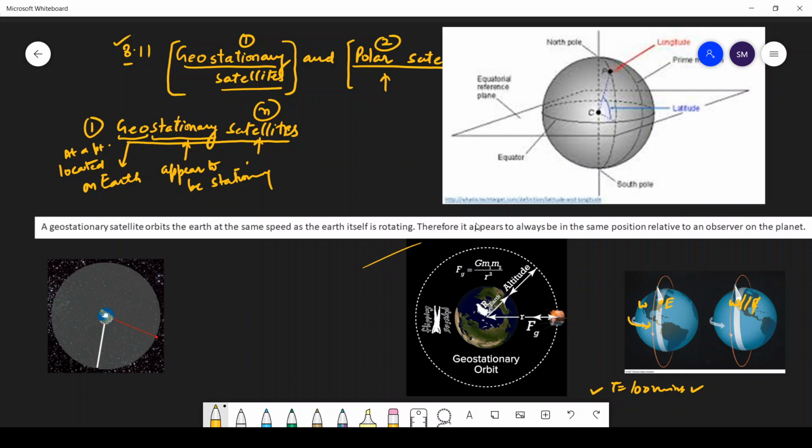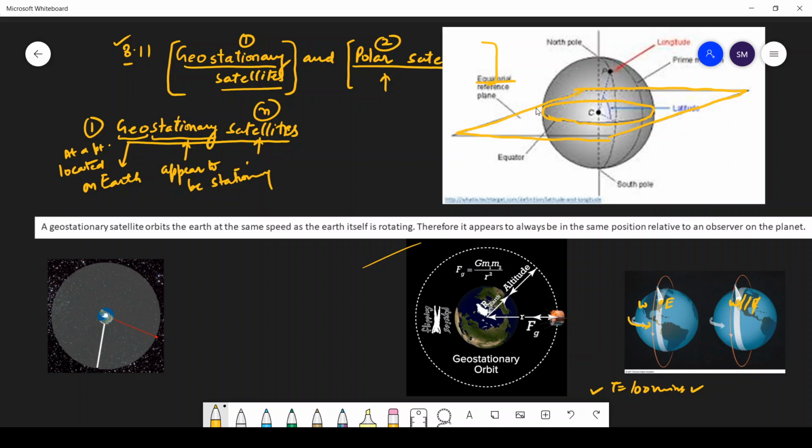So for the geostationary satellite, this is your equator, right? This is your equator. And this is a circle, and the plane of this circle is the equatorial plane.